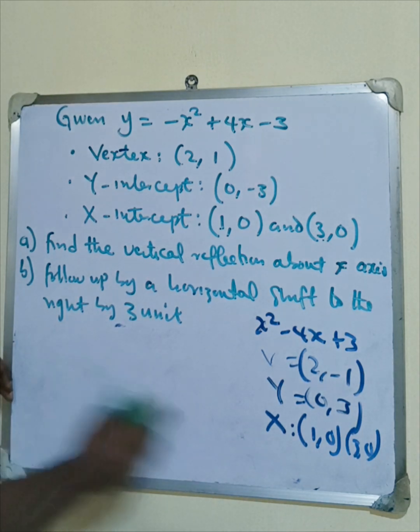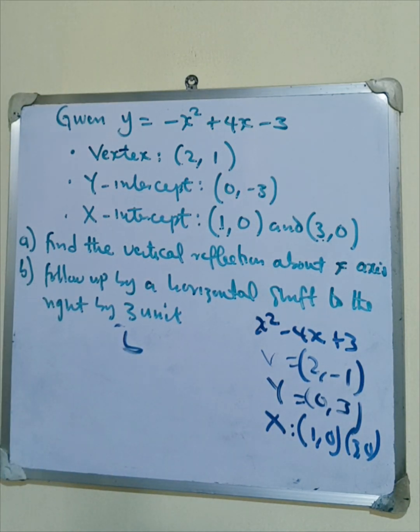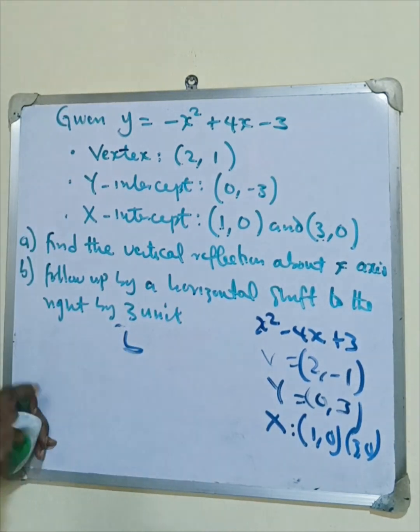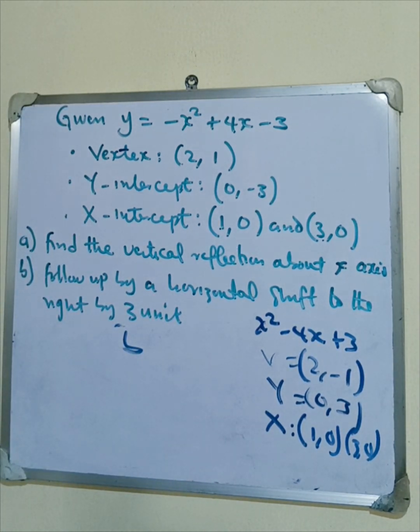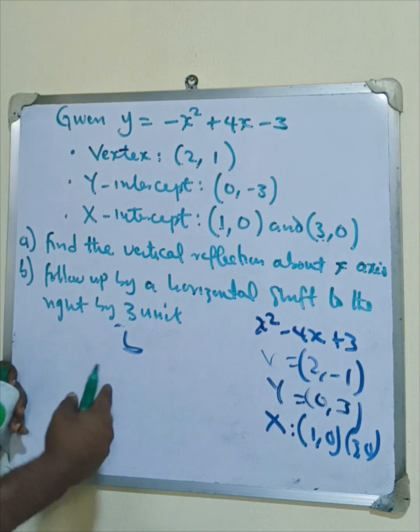B says we should follow up by a horizontal shift to the right by 3 units. Horizontal shift to the right by 3 units on the function x squared minus 4x plus 3 means that you're replacing x with x minus 3.